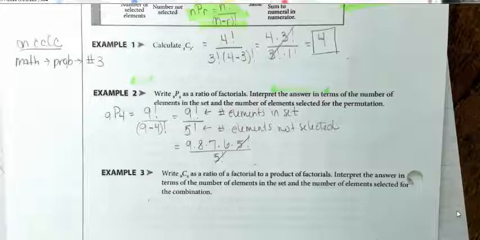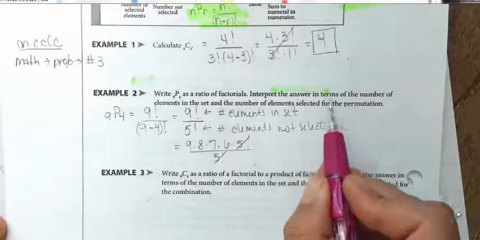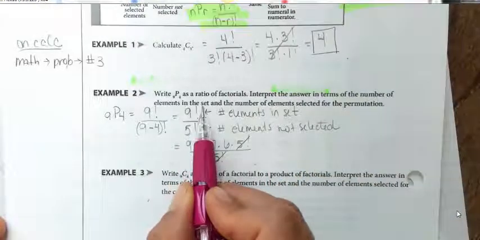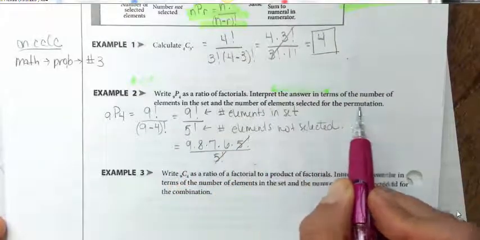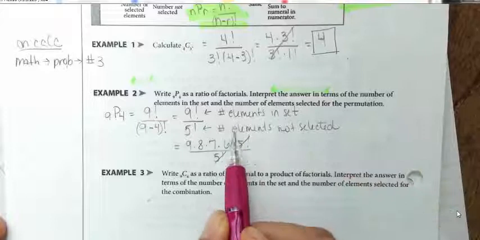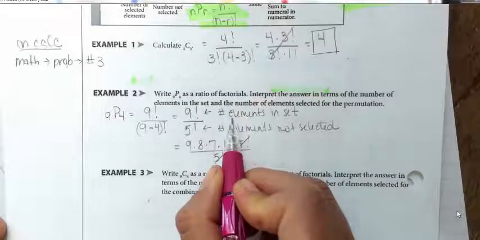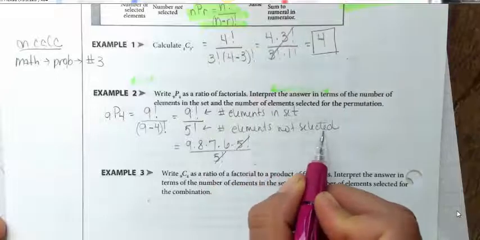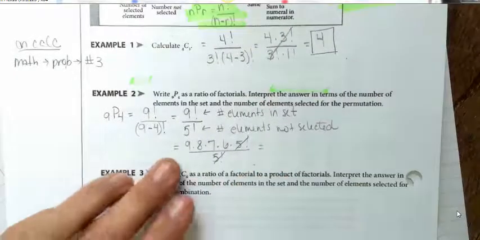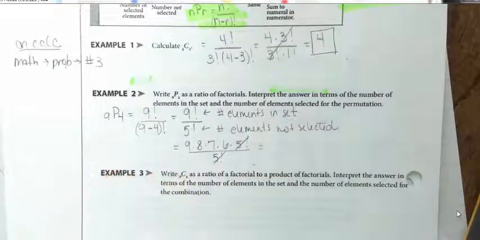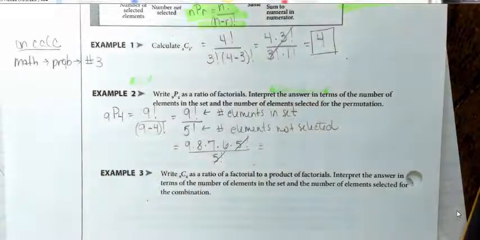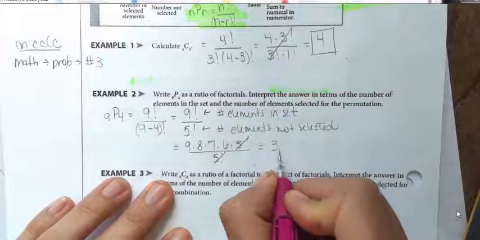Interpret the answer in terms of the number of elements in the set and the number of elements selected for the permutation. We've talked about the number of elements in the set and the number of elements that we did not select. Our total answer here would be 3,024.